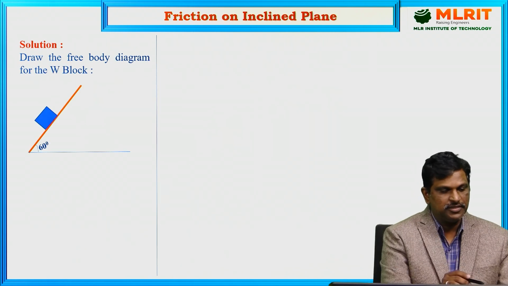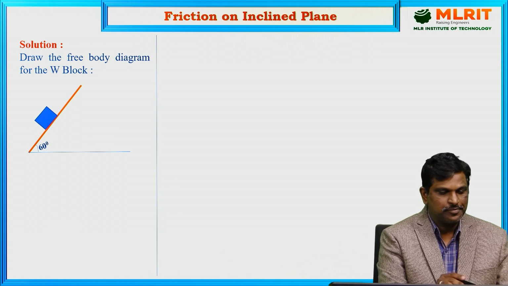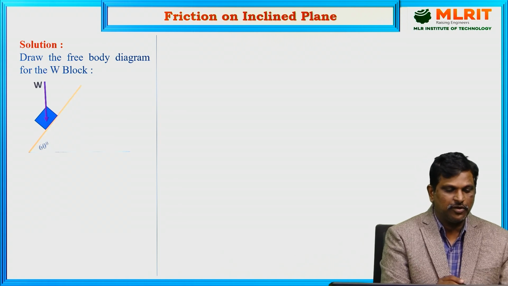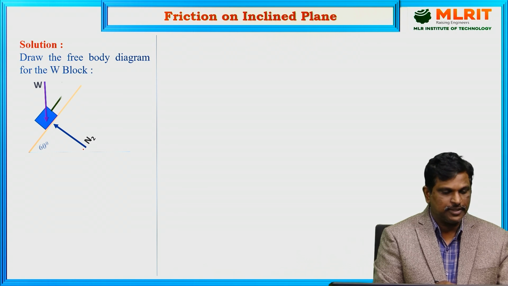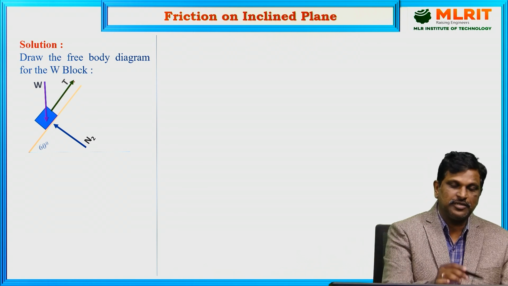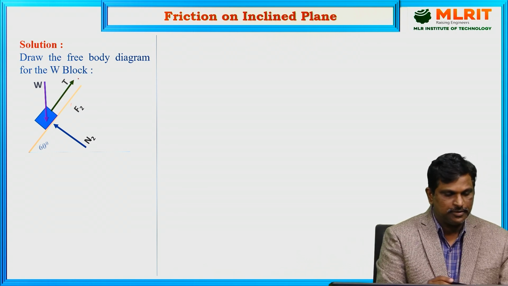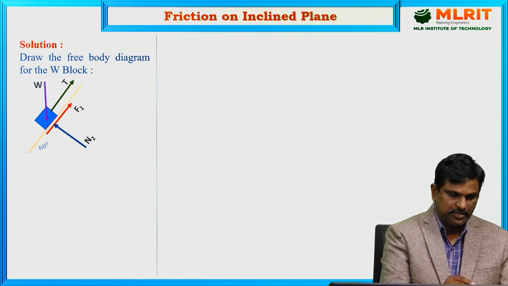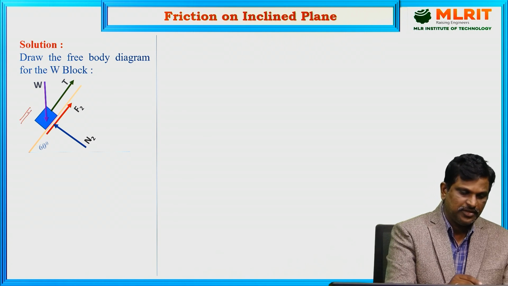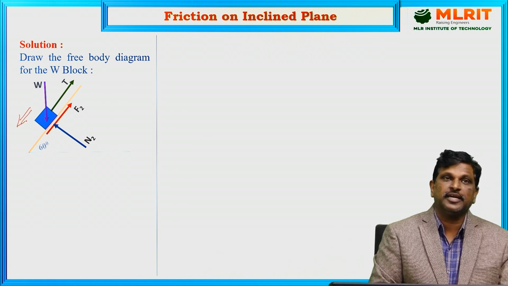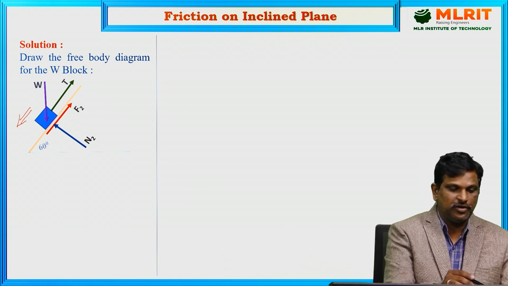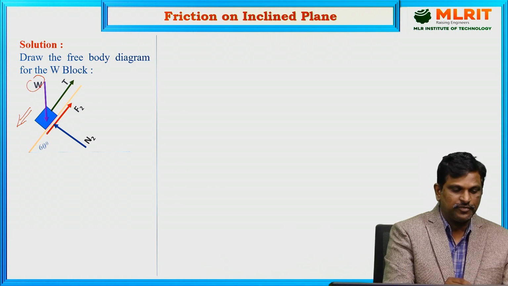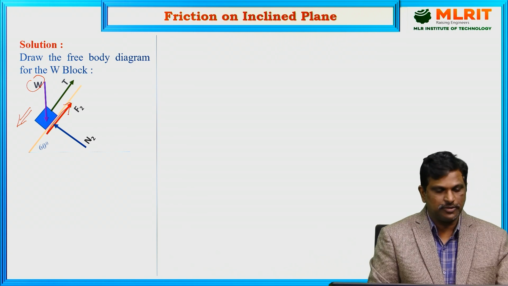Now consider the W Newton block and draw the free body diagram. Weight always acts vertically downwards. Normal reaction will be perpendicular to the contact surface. Tension in the string is parallel to the plane, and friction. Here in this case, the W Newton block is tending to move in the downward direction at its greatest value of W. Therefore, the friction will be upward.